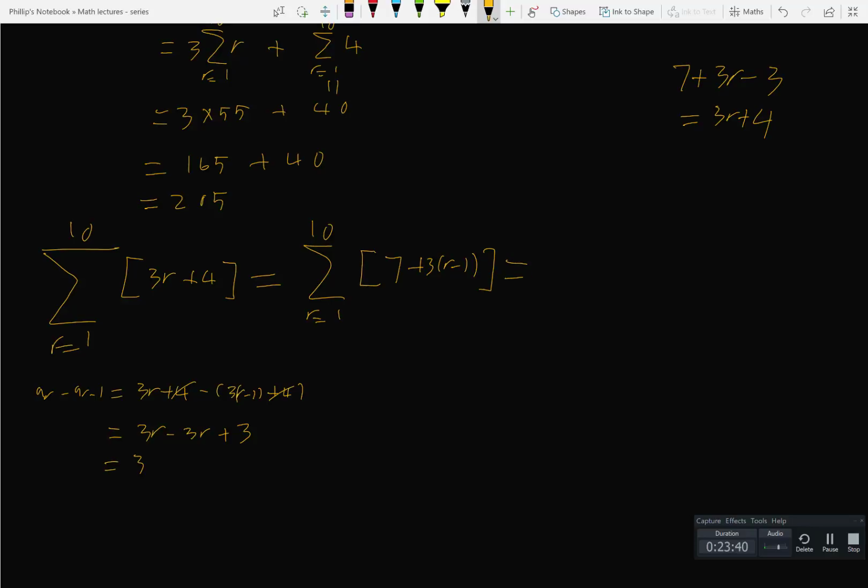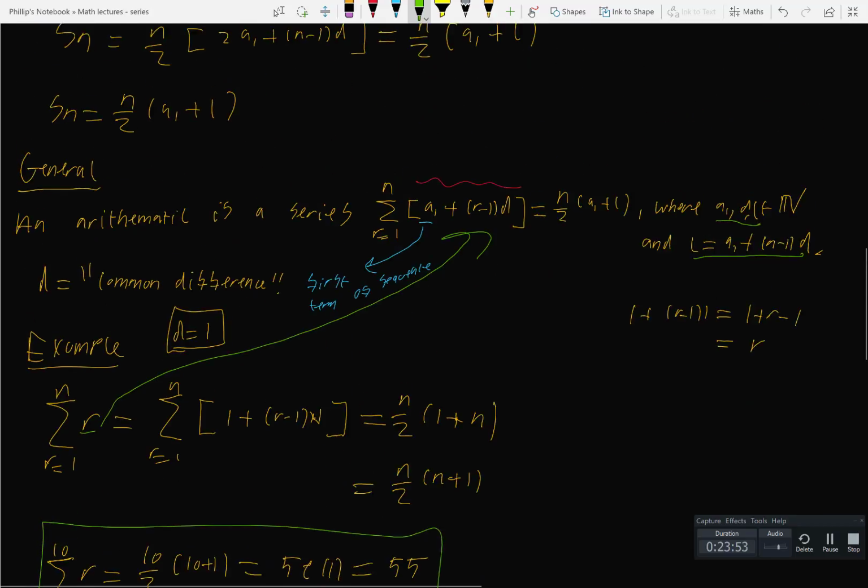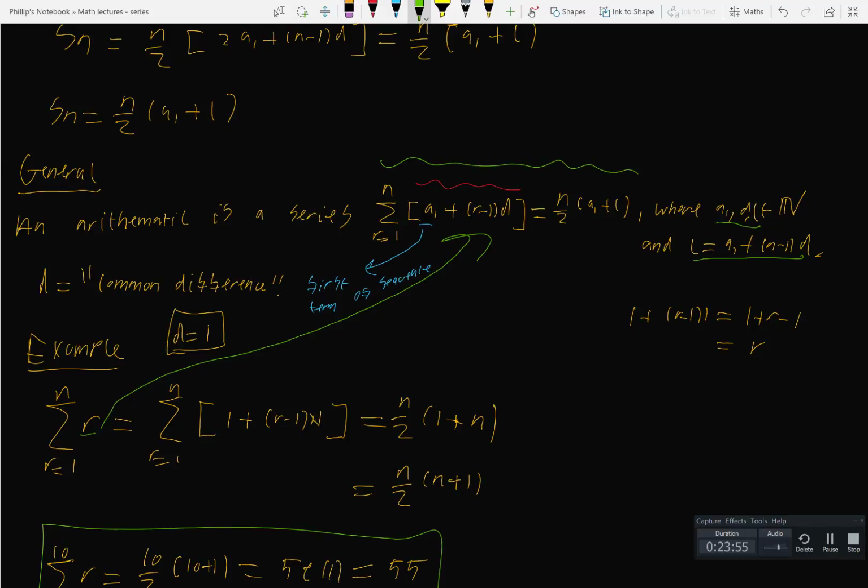So this is going to be n over 2, 10 over 2, times the first term plus the last term. Once it's in this form, we know that this equation holds, because we proved it. So we can just use this.